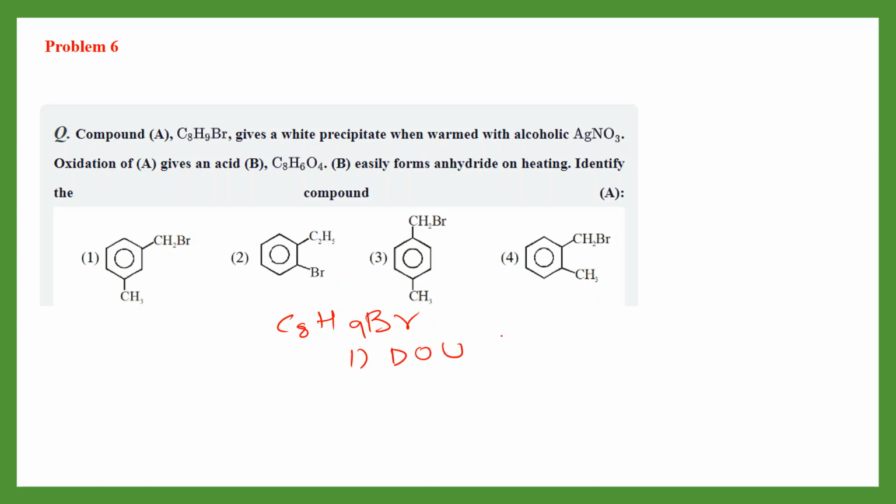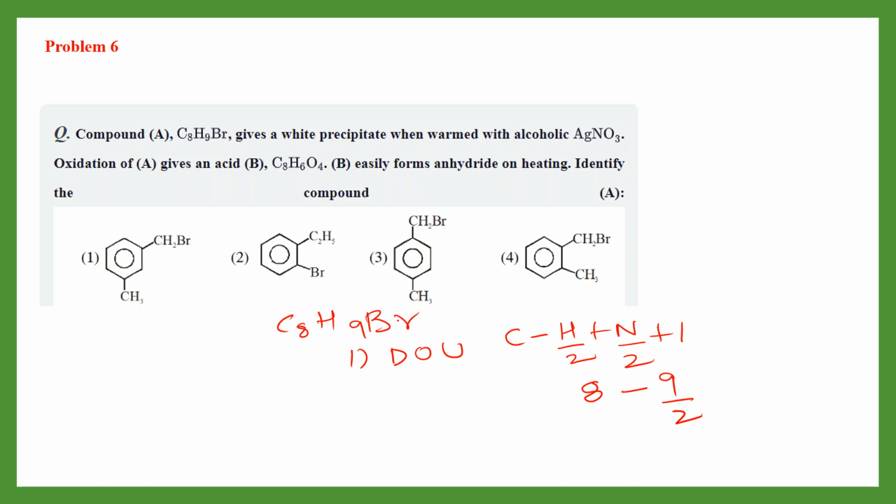Can anyone tell me formula for finding degree of unsaturation? C minus H by 2 plus, and actually this is not required, but for your information I am telling. How many carbon are there? 8. Hydrogen? 9. Nitrogen? Nothing.